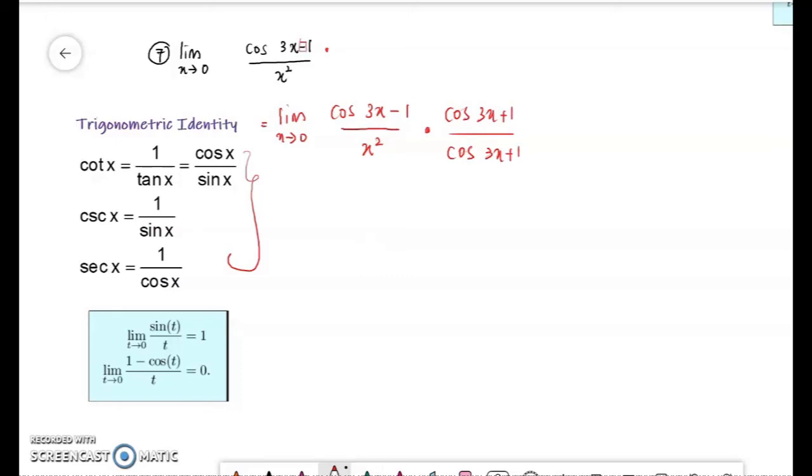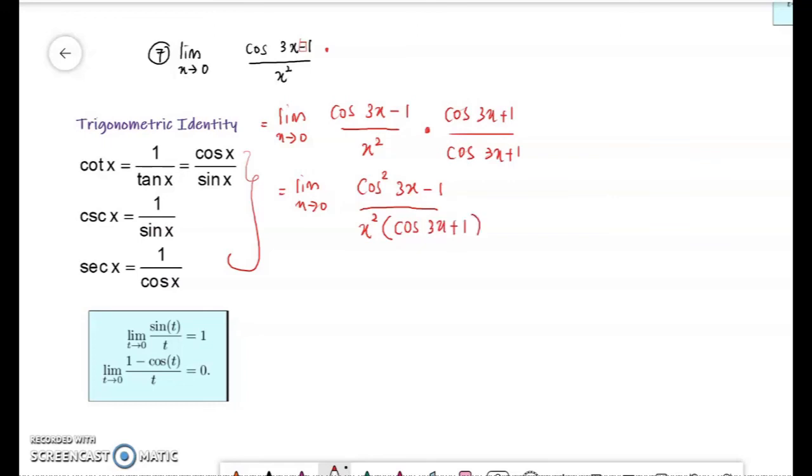For the numerator, you get the limit as x approaches 0 of cos square 3x minus 1 squared, over x square, times cos 3x plus 1.